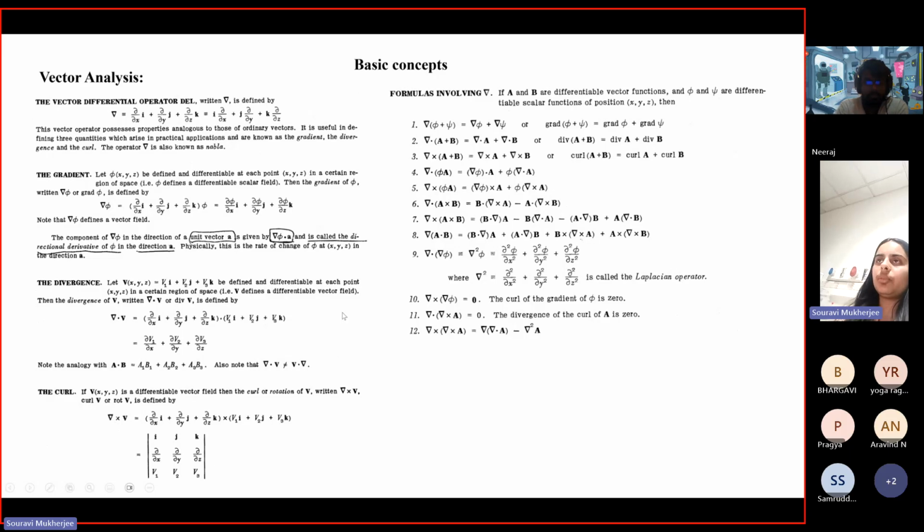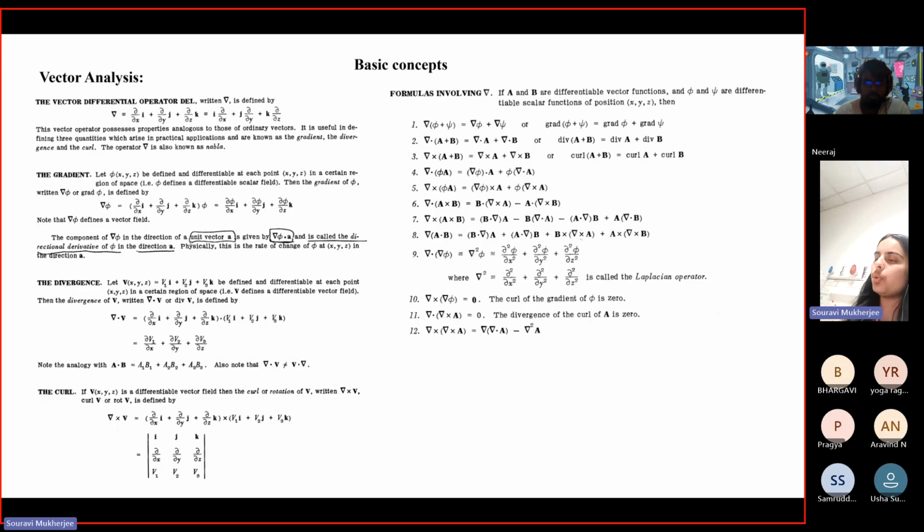Now, when you have a vector field, how do you use this del operator? You use divergence or curl. What does divergence do? Basically, you're doing a dot product of the del operator with your vector, and you end up getting a scalar quantity. This quantity tells us how the field lines emanate from a point.